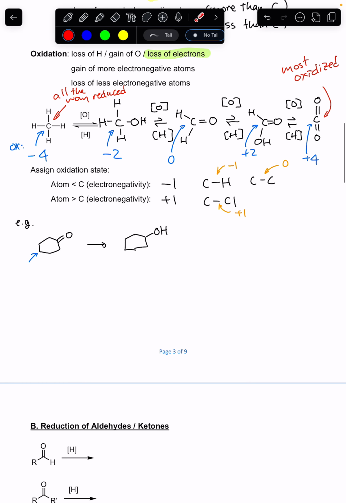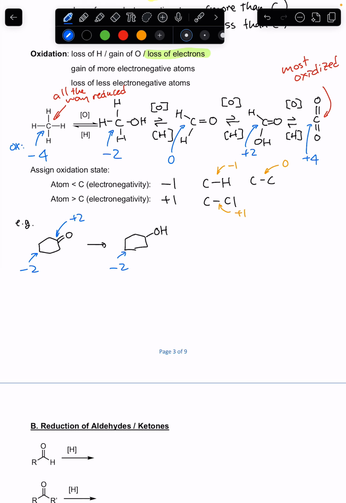But it is attached to 2 hydrogens, so this is going to be -2, and that carbon is not participating in the reaction. That doesn't change, but we notice this carbon is experiencing changes, and for judging whether it's a redox reaction or not, you want to look at the oxidation states of just the carbons of your molecules.